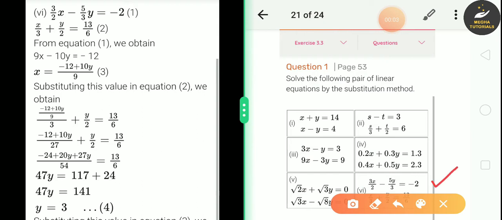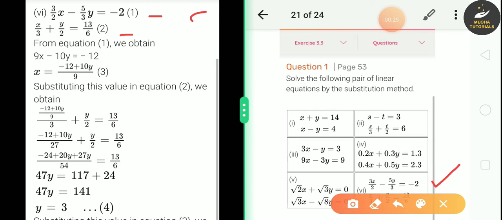Question 6. Equations are 3 upon 2x minus 5 upon 3y is equal to minus 2, equation 1, and x upon 3 plus y upon 2 is equal to 13 upon 6, equation 2. In equation 1 denominators are different, so we can take LCM. So we'll get LCM of 3 and 2 is 6.